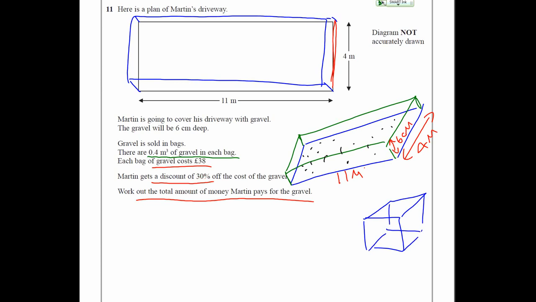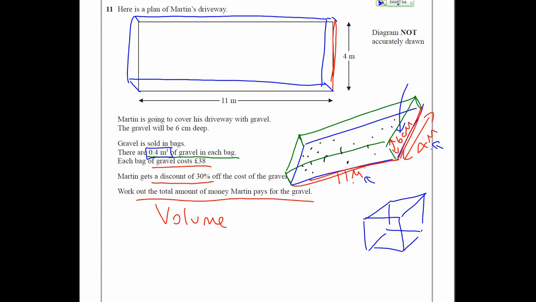So, let's first of all work out the volume. To get the volume, we're going to do the cross-sectional area, which is going to be 11 meters times 4 meters. But before we do that, we want everything in the same units. So you can either think that you want this in meters or these two in centimeters. I'm going to change everything to meters because we've already got the bags in meters.